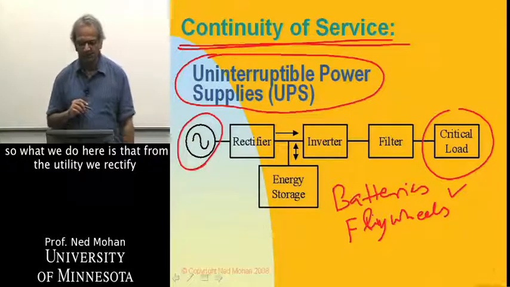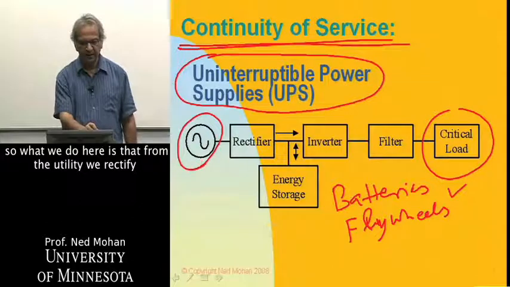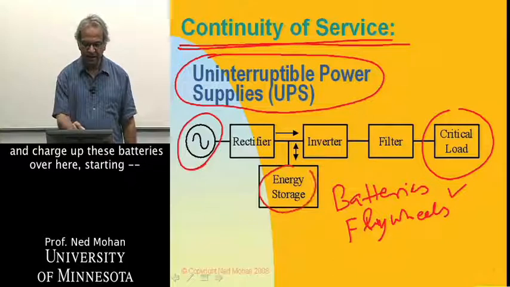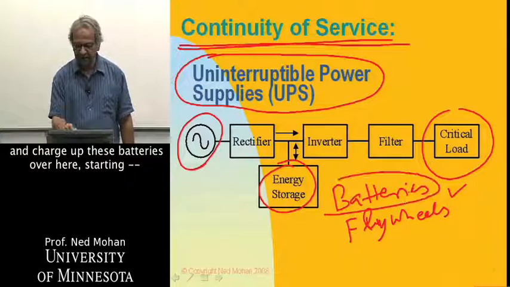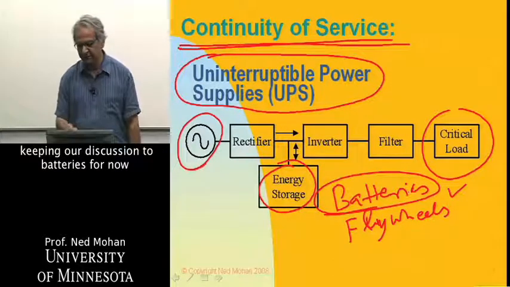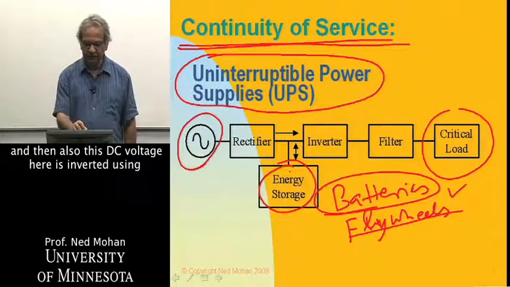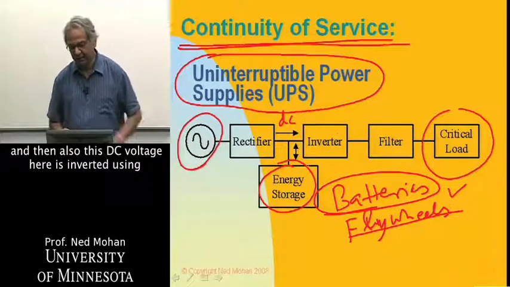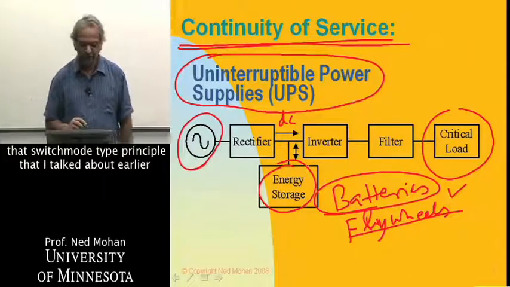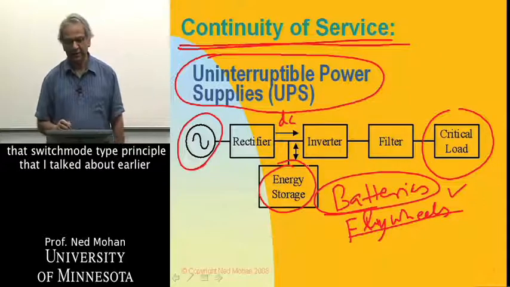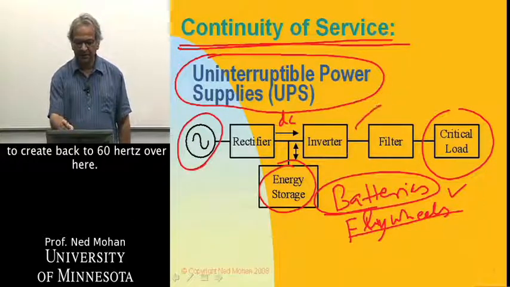So what we do here is that from the utility we rectify and charge up these batteries over here, so let's keep our discussion to batteries for now. And then also this DC voltage here is inverted using that switch mode type principle that I talked about earlier to create back 60 hertz over here.